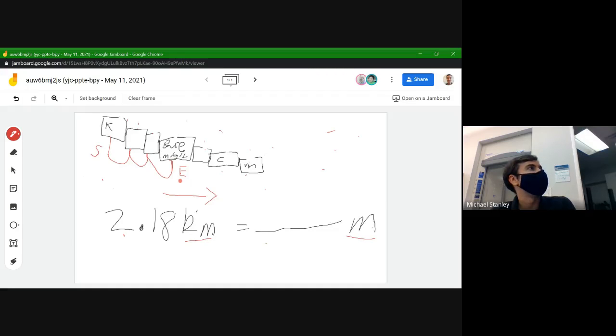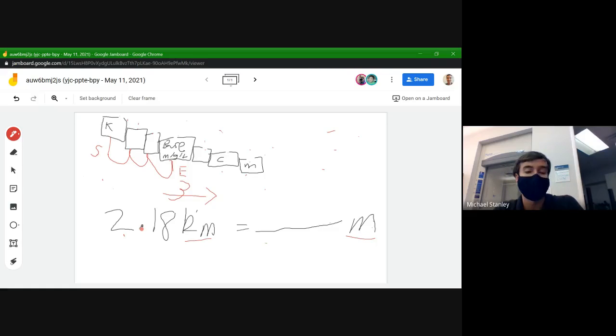Hey, look at that. She nailed it. So we're going to take our decimal point and move it 3 jumps to the right. So here is our decimal right between the 2 and the 18.